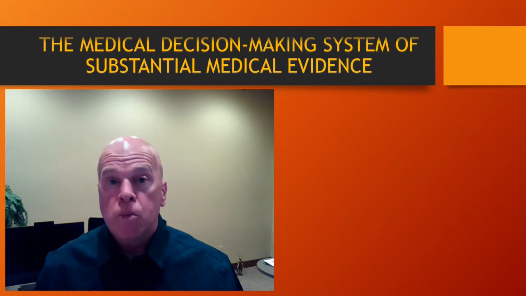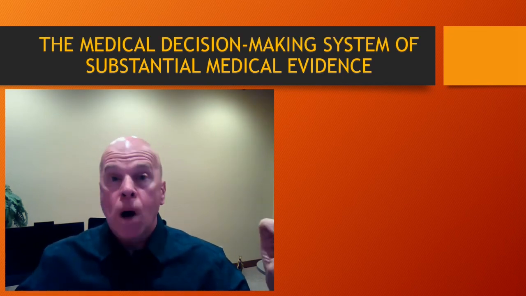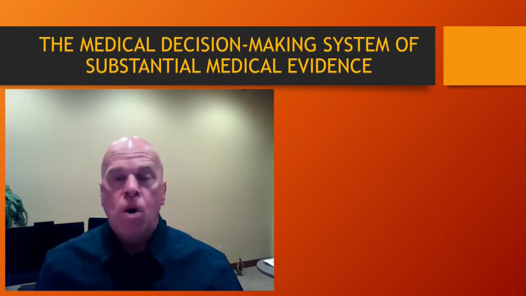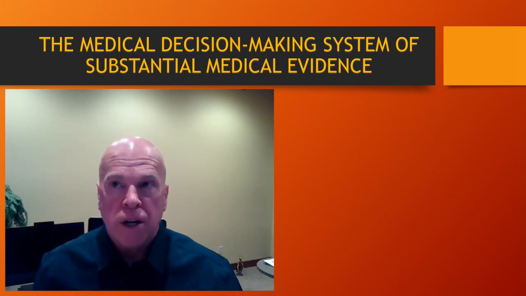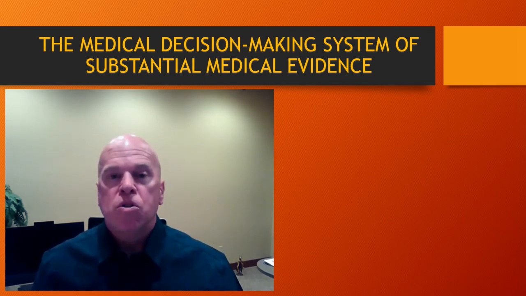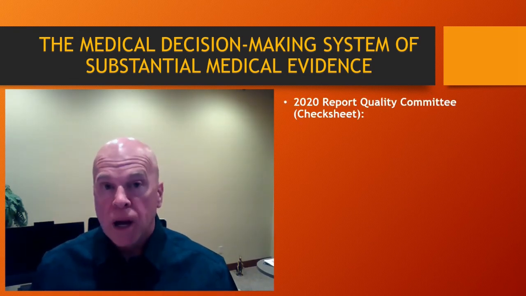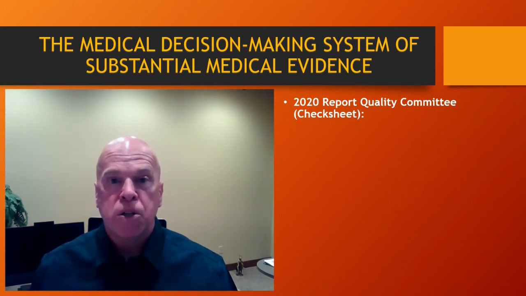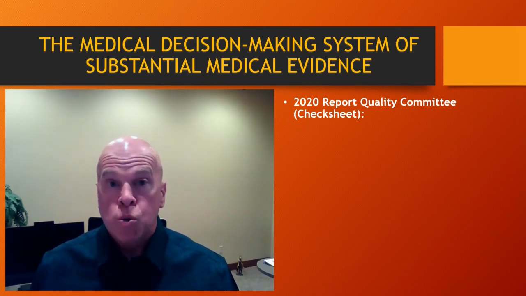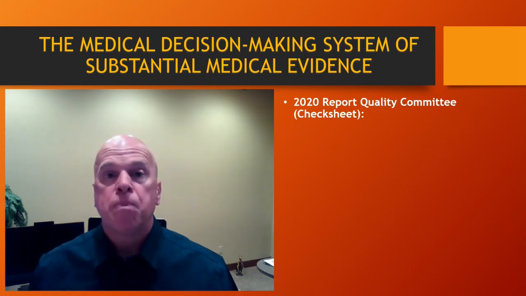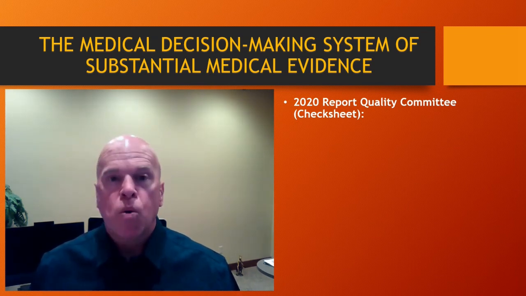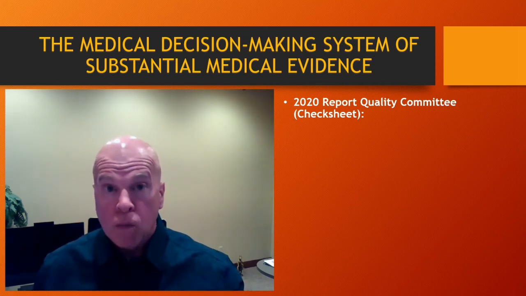So shortly after the 2019 State Auditor's Report came out, the Division of Workers' Compensation proceeded to form several what they referred to as Report Quality Committees. And the Report Quality Committee set about determining what elements and what components constitute a high quality report. And I share with you as part of your handout materials today an actual check sheet from the Report Quality Committee. And this check sheet is used by the Report Quality Committee to assess your reports.